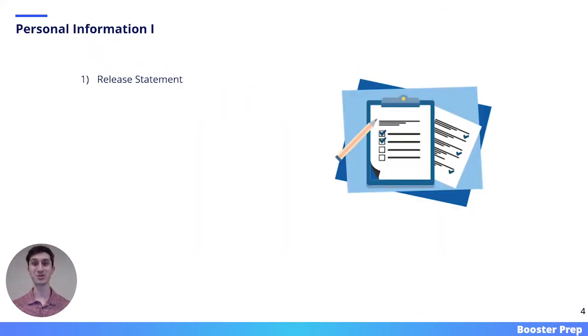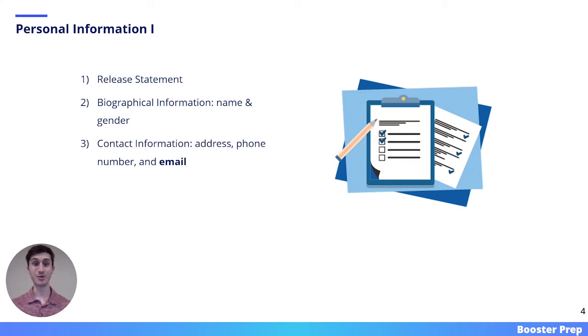Now we're on to the personal information section of the application. So first, there is a release statement where you essentially agree to have your information sent to all the dental schools that you apply to. You will also input your biographical information, including your name and gender. You'll include your contact information, which is your address, phone number, and email.